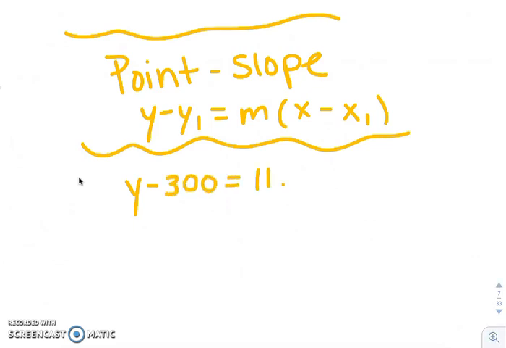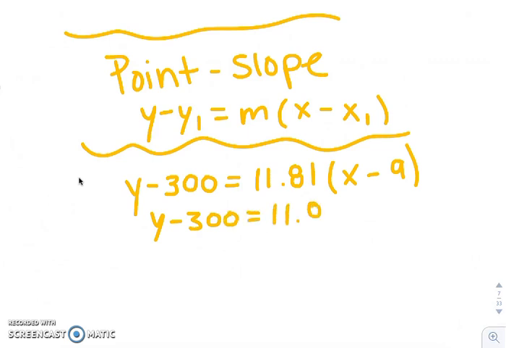We found m to be 11.81 times x minus our x1, or x value that we chose, which was 9. So y minus 300 equals 11.81x. I'm just going to distribute that in there. And 11.81 times 9 is 106.29. So things are the same as they were for the first equation, so that's good.